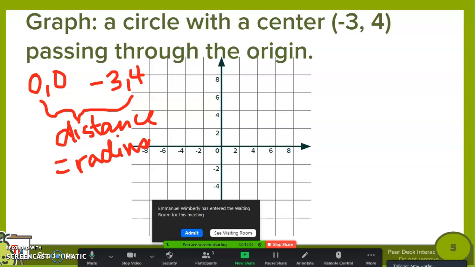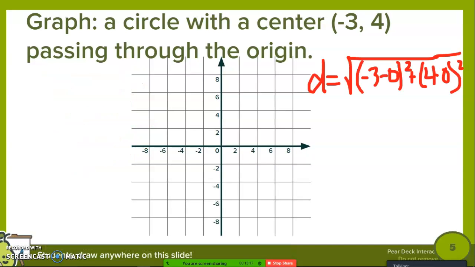So we have to use the distance formula to find the distance. So here's our distance formula. But actually, instead of D, for clarity's sake, I'm going to make it R, because we know that the distance from 0, 0 to -3, 4 is the radius.